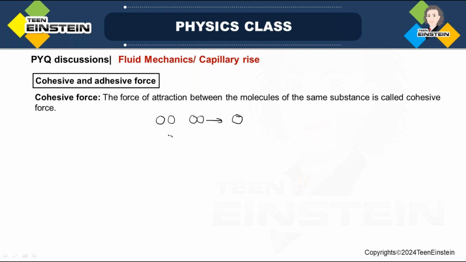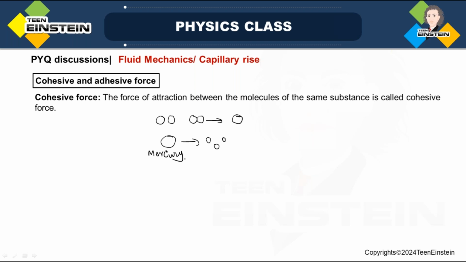Further, if you take a mercury drop and try to break it into multiple drops, it is very difficult because the cohesive force of mercury is the largest among the liquids.